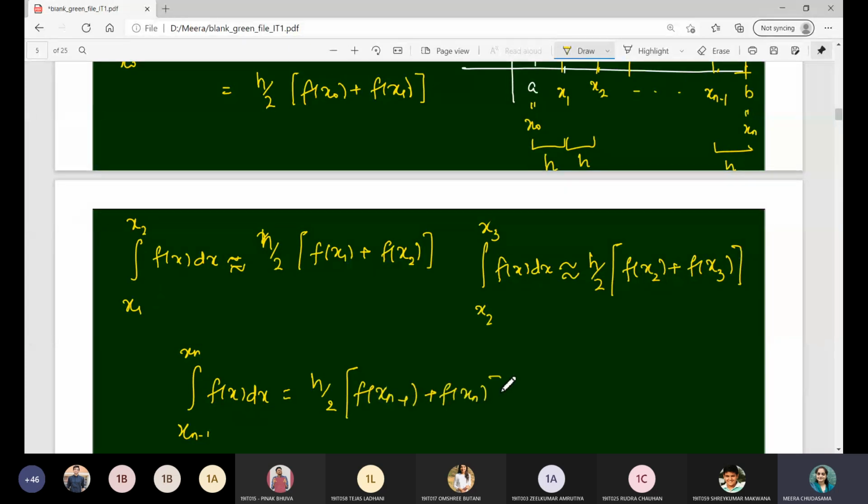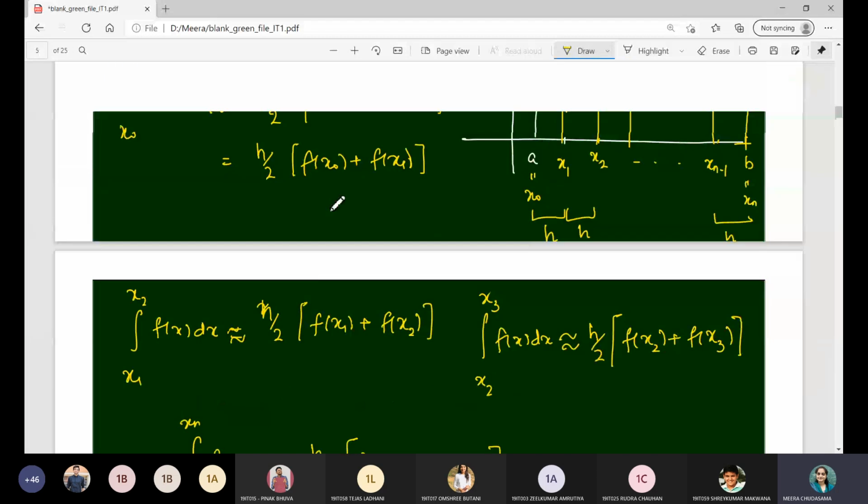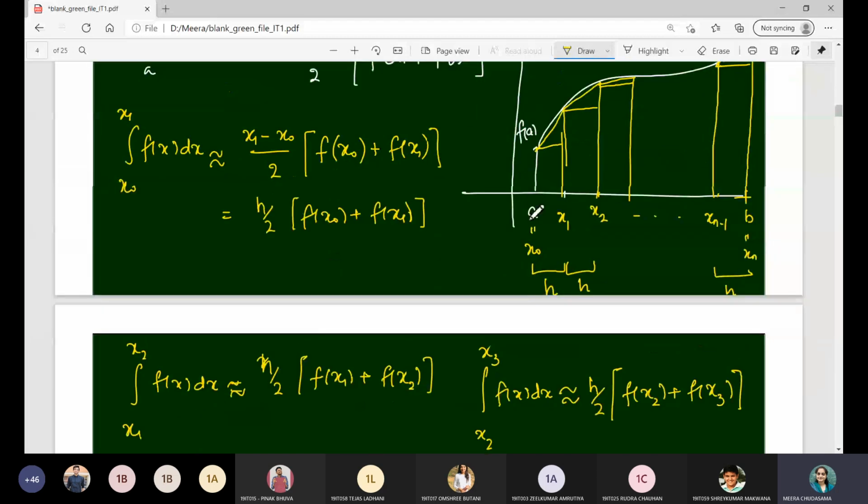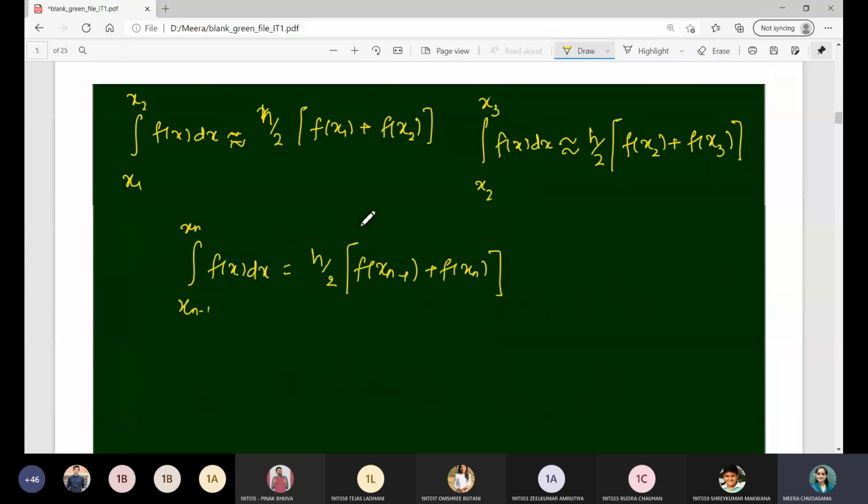So you can see that the integral a to b is the same as the integration of x0 to x1 plus integration of x1 to x2 plus up to plus integration of xn minus 1 to xn. Means we have to consider the sum of all these by considering the composite of trapeziums.